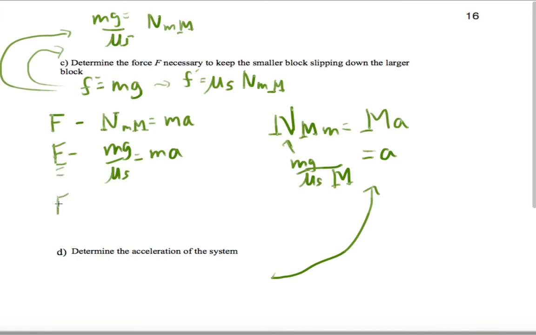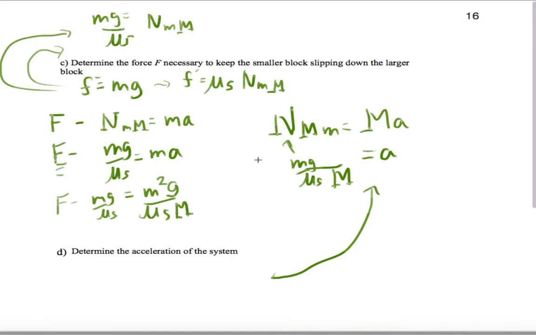So we're going to have F minus mg over mu s equals m squared g over mu s big M. Interesting.